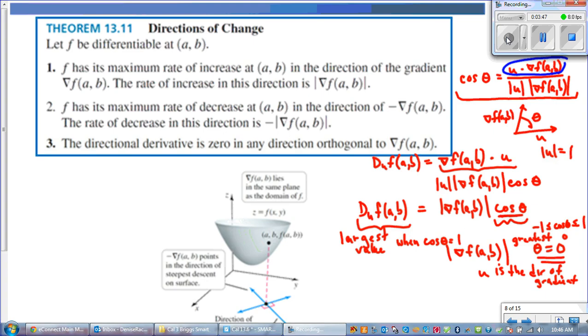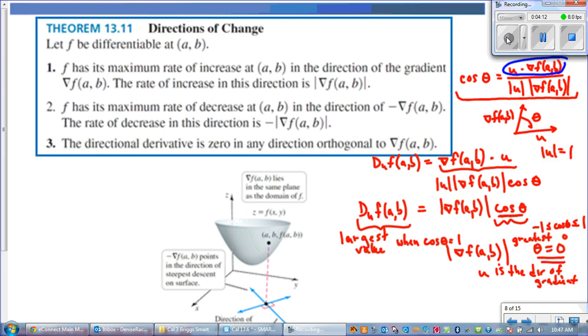So if we're trying to figure out what direction do we move in order to have the largest possible directional derivative, the largest possible change in the z values, the greatest ascent or the greatest descent. The greatest ascent would be moving upward. The greatest descent would be moving downward the fastest. All we need to do is to find out what that gradient is.